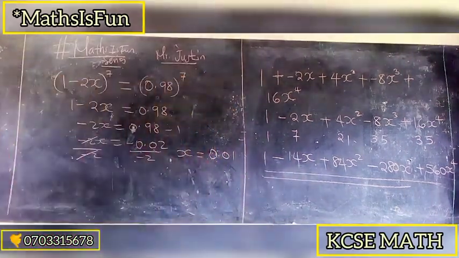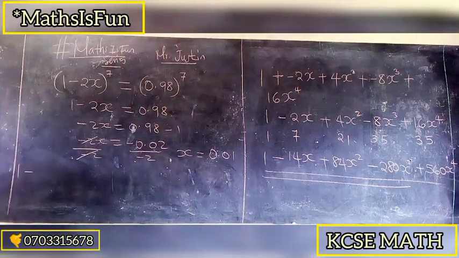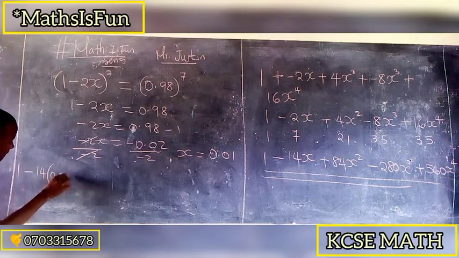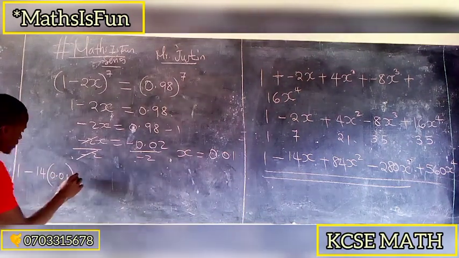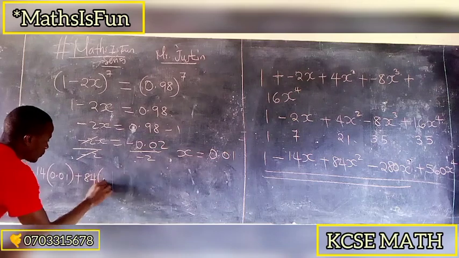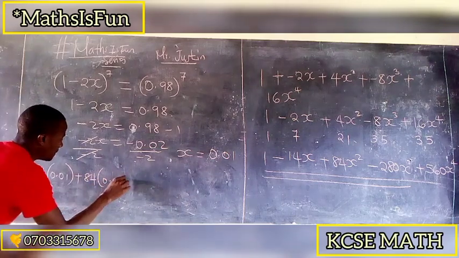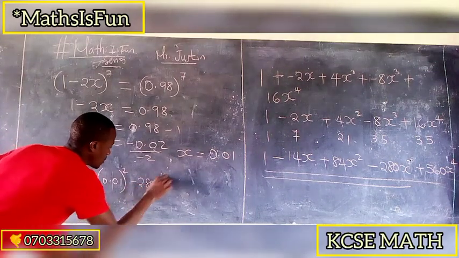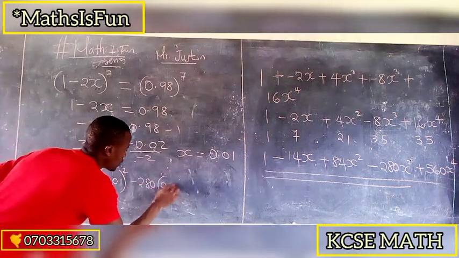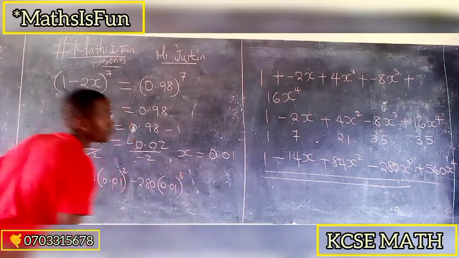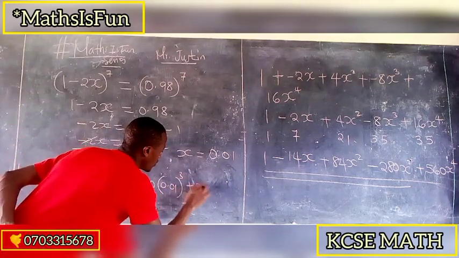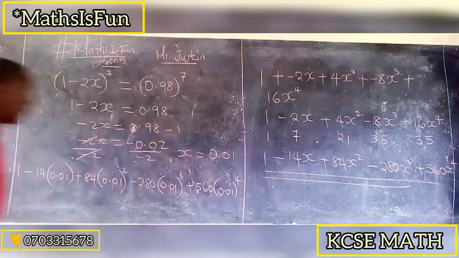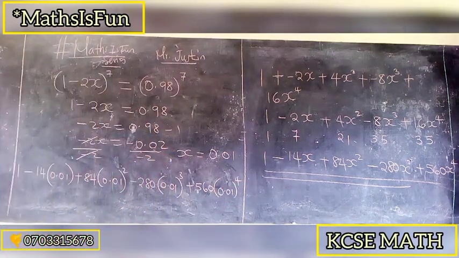You have 1 minus 14 times 0.01, plus 84 times 0.01 squared, minus 280 times 0.01 power 3, plus 560 times 0.01 power 4.